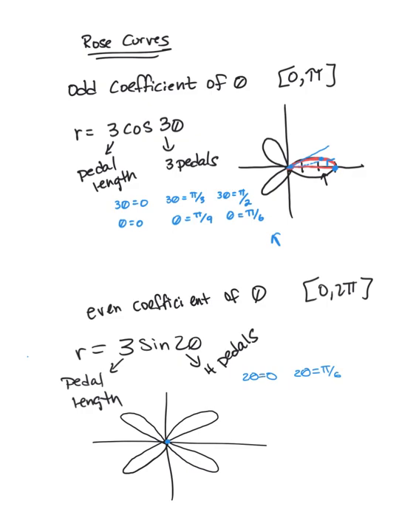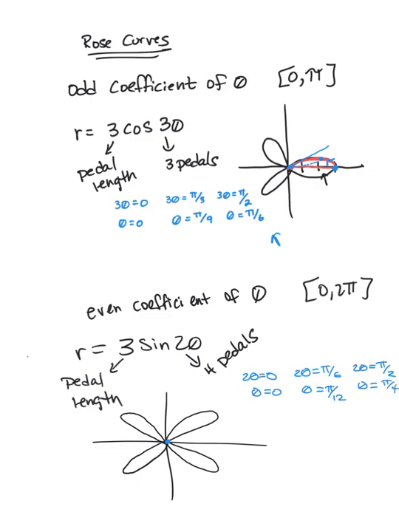And then the next really great value is pi over 2. So if I solve these, I get theta equals 0, theta equals pi over 12, and then theta equals pi over 4.